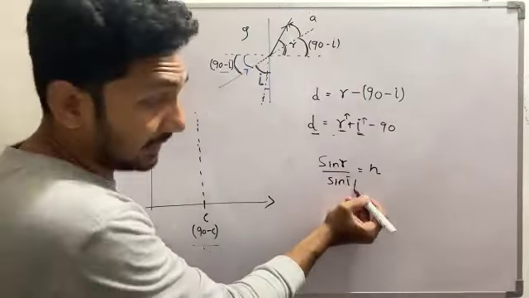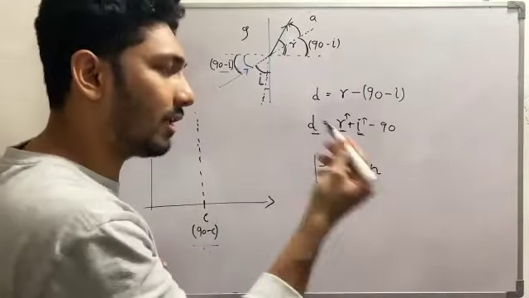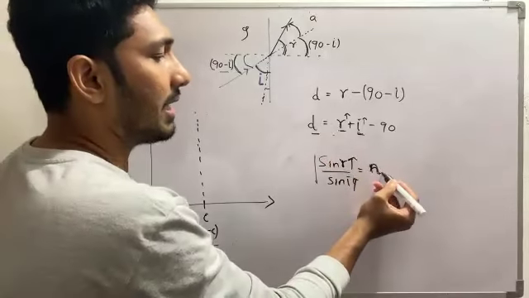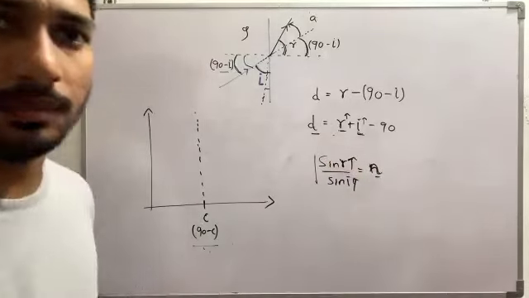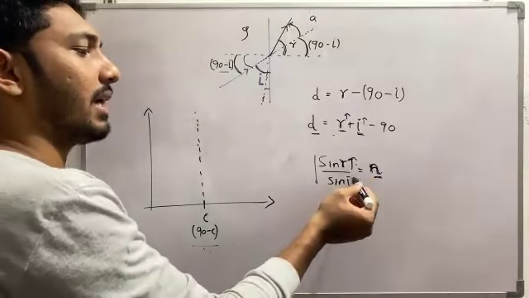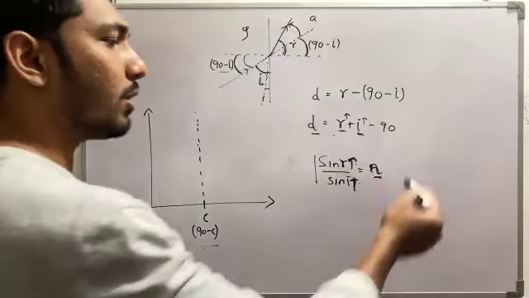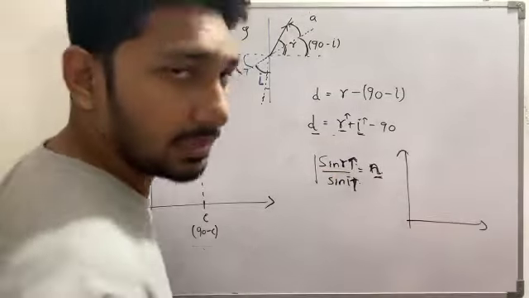Of course we know it is a constant. So when I increases, the R should increase. Otherwise, the ratio cannot be held constant. The ratio should be a constant because when you divide this by this, it's constant. So when I increases, the R will also increase. And you know how sine graphs vary, right?